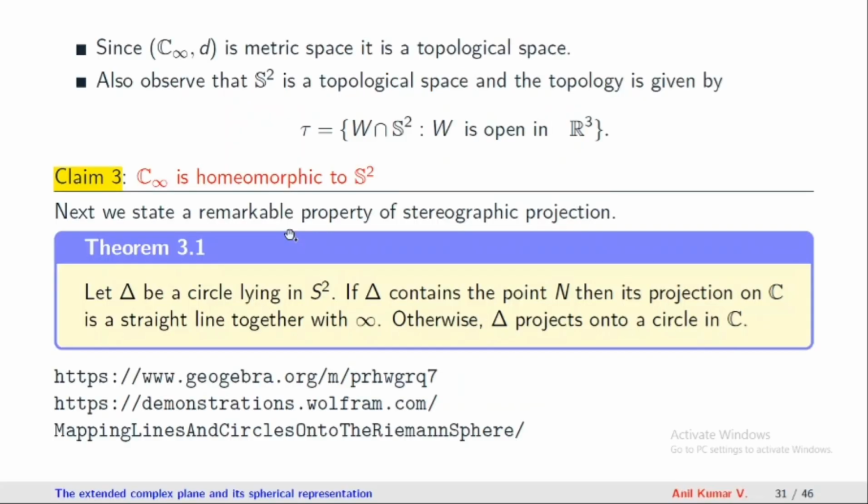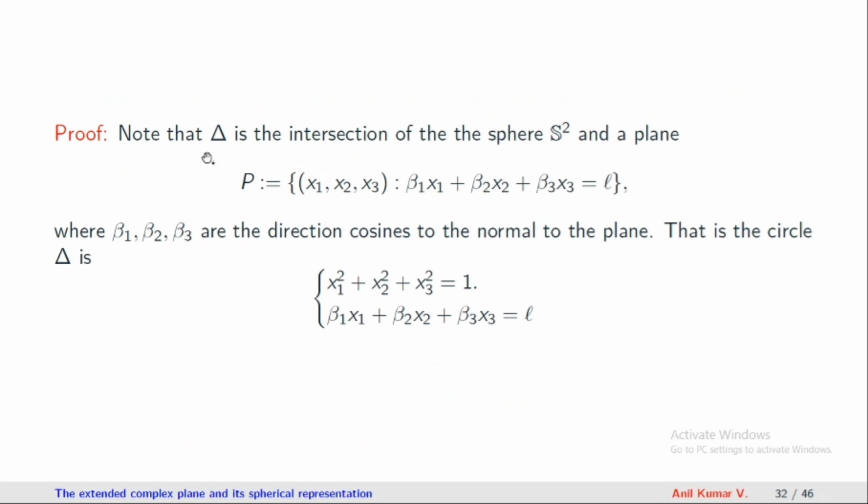Let us go to the proof of this theorem. Here delta is a circle in S2. So that circle can be considered as the intersection of the sphere and a plane. Every circle in space is the intersection of some sphere and a plane. So assume that delta is the intersection of S2 and this plane.